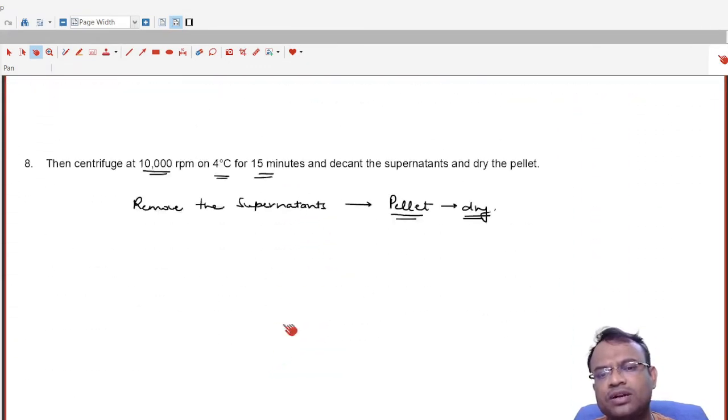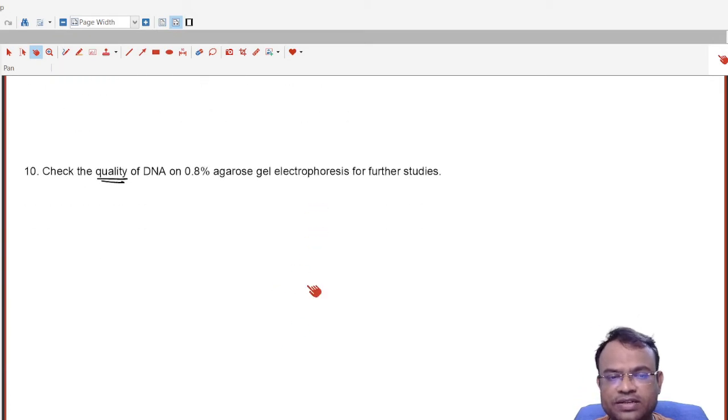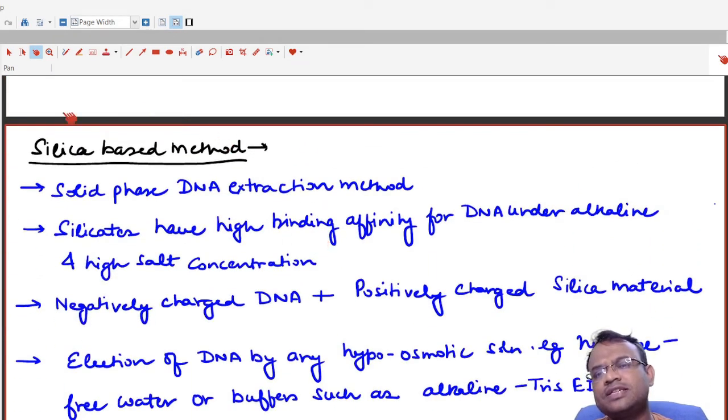Now coming to the next method of DNA extraction. The next method is the silica based method. This is also called solid phase DNA extraction. Why are we calling it solid phase? Because there is nothing liquid over here.